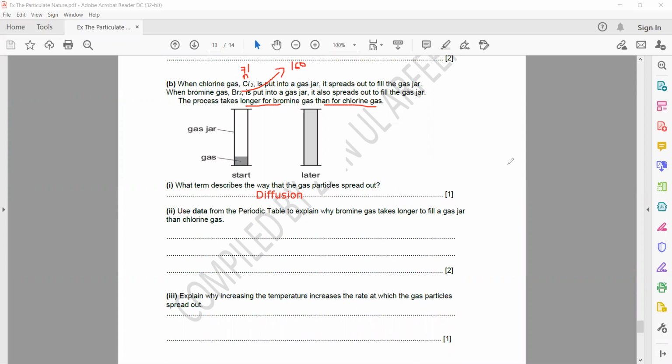So you can mention why bromine took longer: chlorine is lighter, or bromine is heavier, so it will diffuse slower. Yes, you can mention this answer as well.